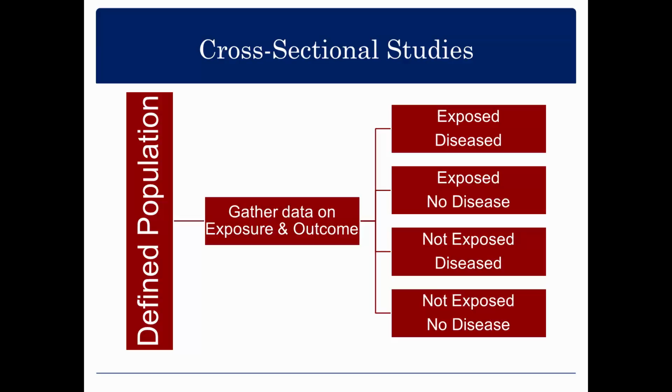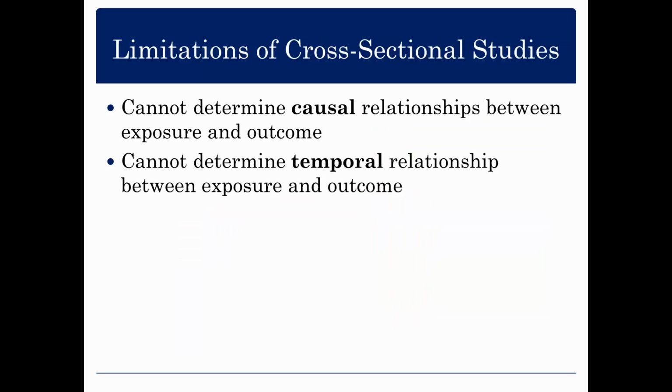We just have data available to us on these subjects in terms of both their exposure and their outcome, and we try to see how exposure is associated with disease. How is not being exposed associated with disease, and are these two things different, to give us an idea of whether there could potentially be some associations here.